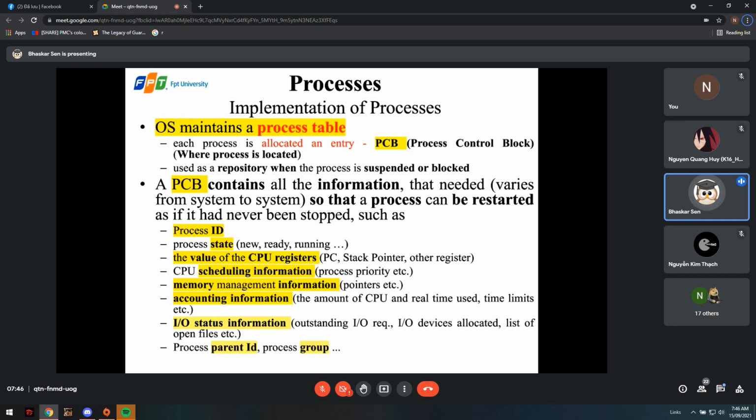And that's how they work. So what we get is a process table, and inside the process table, we have a process control block, or PCB.